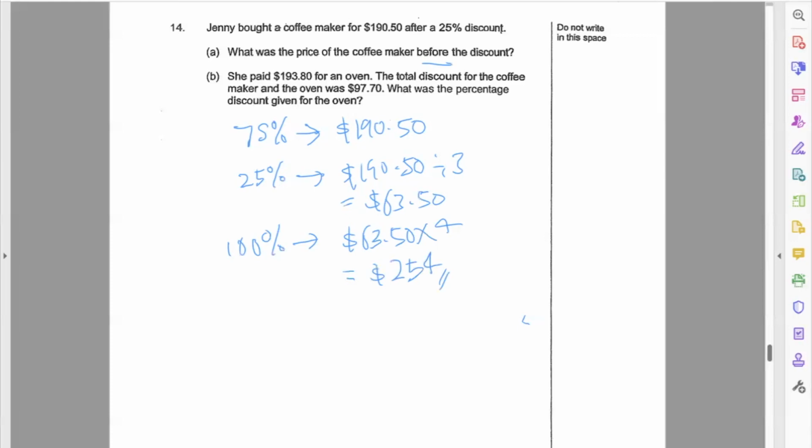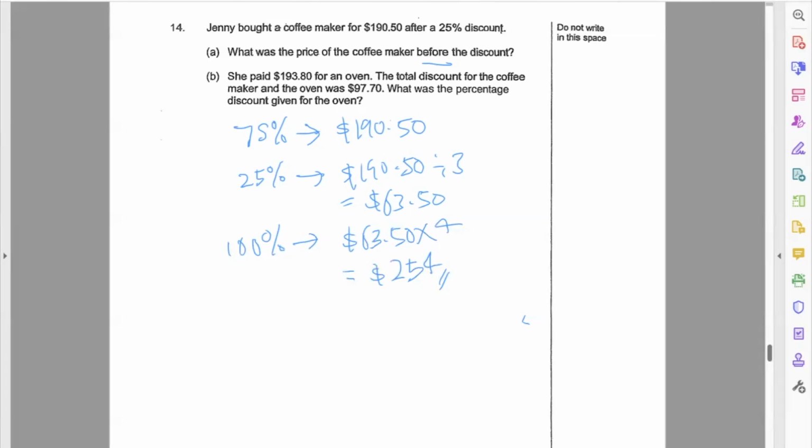She paid $193.80 for an oven. The total discount for the coffee maker and the oven was $97.70. What was the percentage discount given to the oven? So we know that the total discount for both the coffee maker and oven is $97.70.